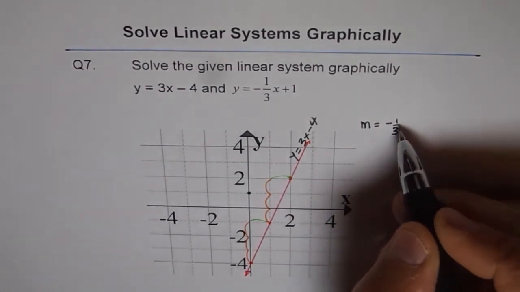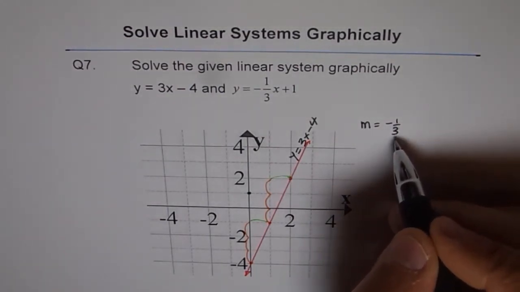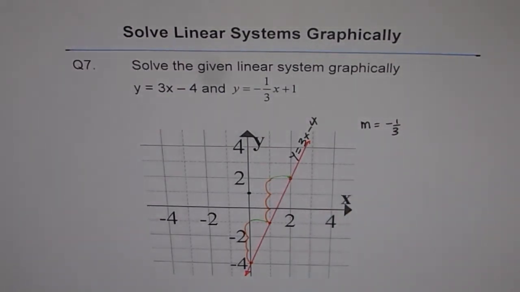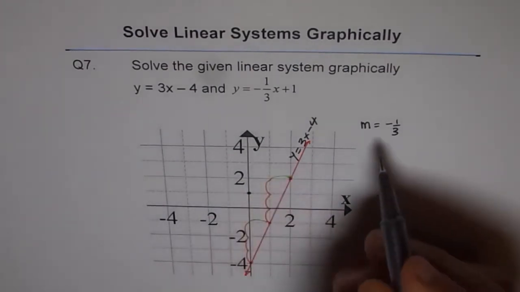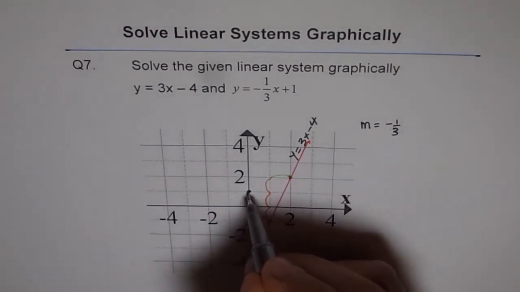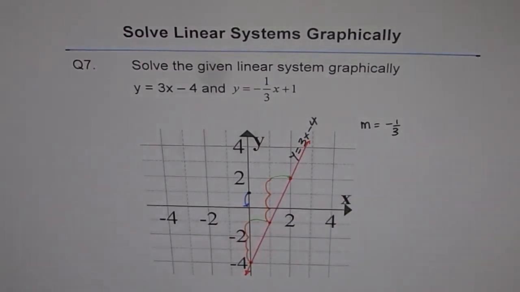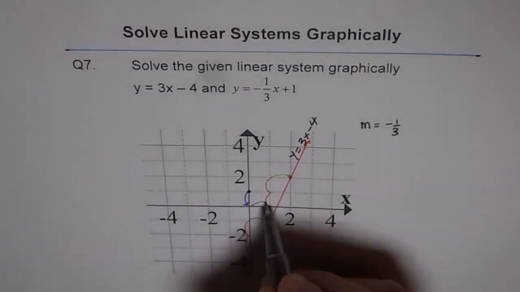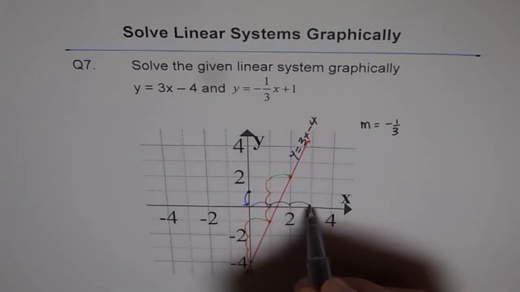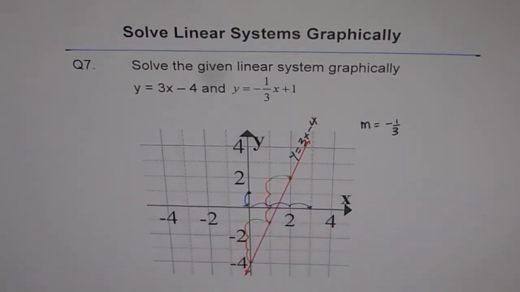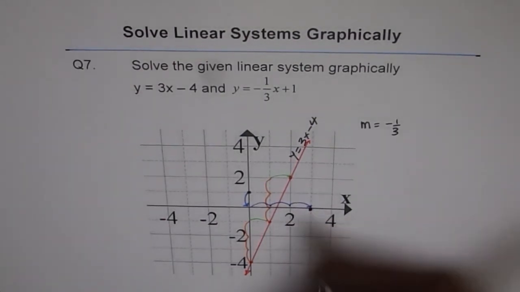So rise of minus 1 and run of 3, that is one option. So let's do that. Minus 1 means one step down, and 3 to the right, which is 1, 2, and 3. And we reach this place. And let's mark this point as the second point of our line.